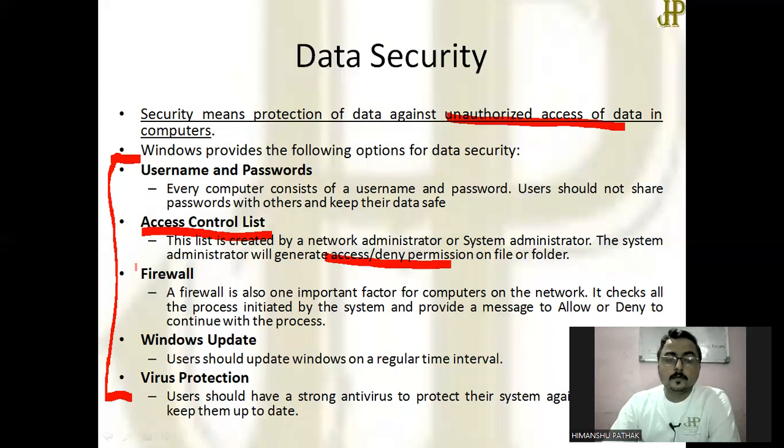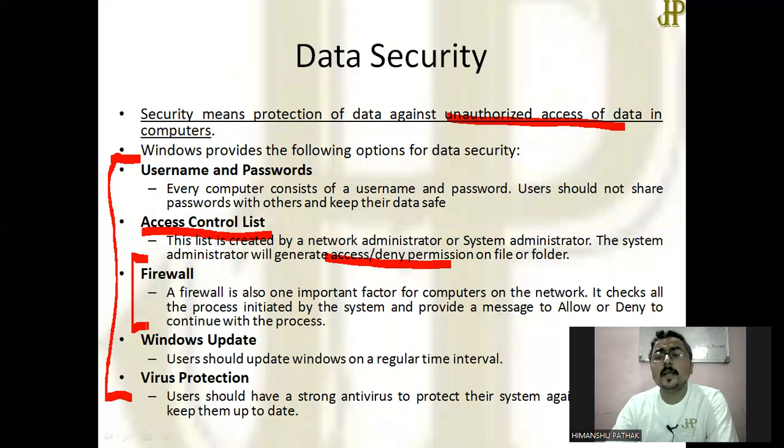After that, various companies provide a hardware firewall. Firewall software is also installed in your computer system, and that firewall is basically used to manage what data is going out from your computer system to the network and what data is coming from the network to your system.